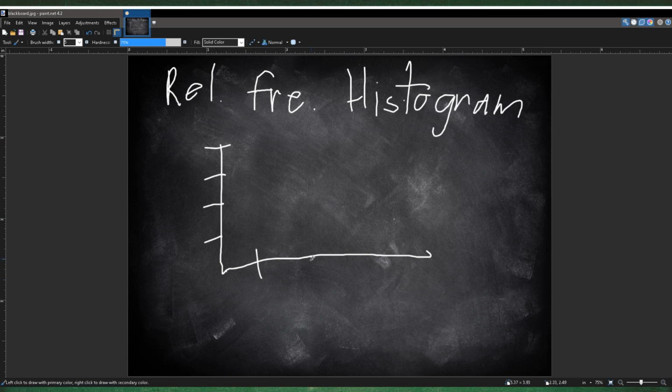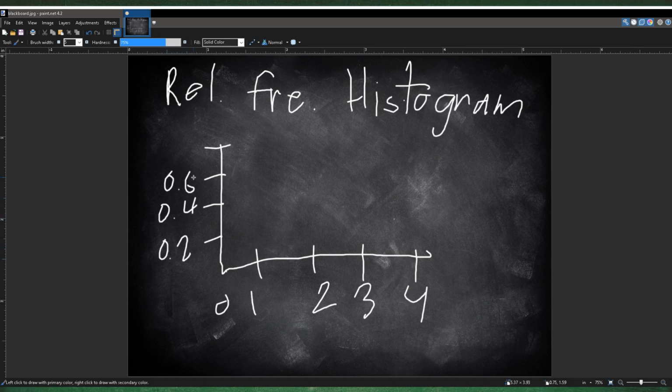Let's say we have 0, 1, 2, 3, 4, and then 0.2, 0.4, 0.6, and 0.8. You have 20% here, 40% here, 20% here, and 20% here. This adds up to 100% because 20 plus 20 plus 20 plus 40 is 100%. That would just be a relative frequency histogram.